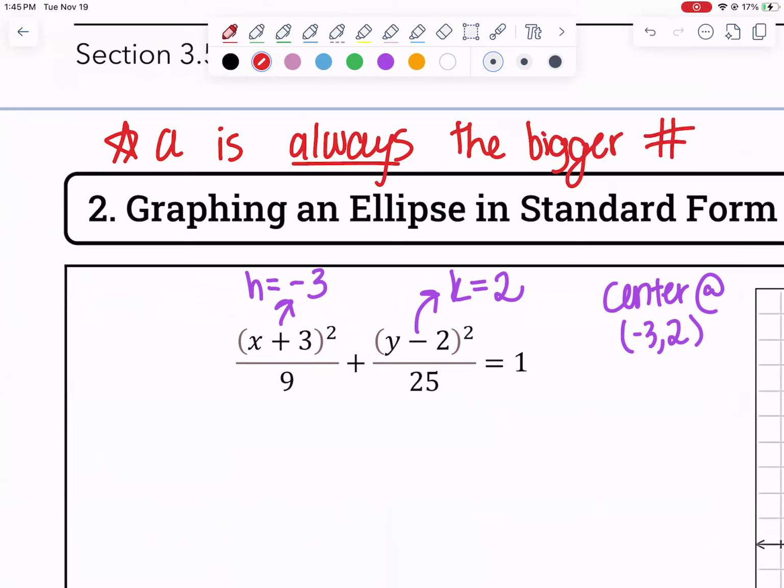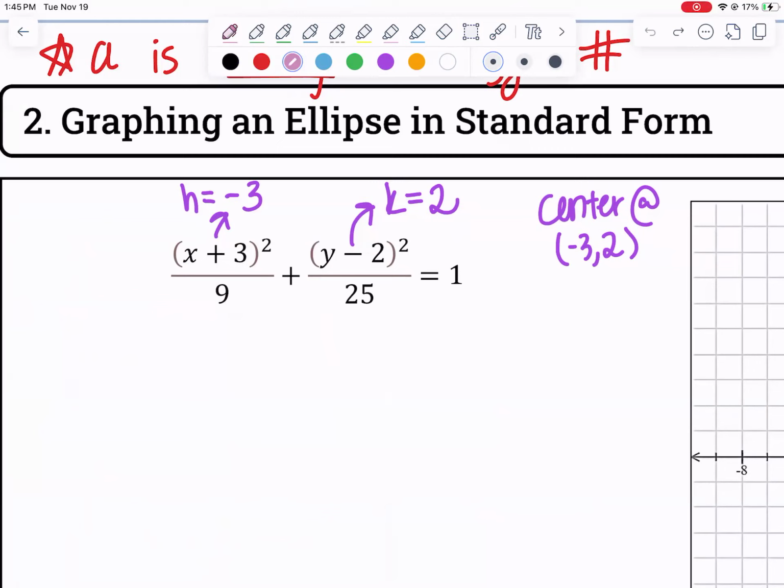So I see this 25. I know 25 is bigger than 9. So a squared will be 25. Taking the square root on both sides, A will be 5. Now, if you are a diligent math student, you may say to me, Professor Cook, if you are going to take the square root on both sides, you simply must do the plus or minus, and therefore A is plus or minus 5.